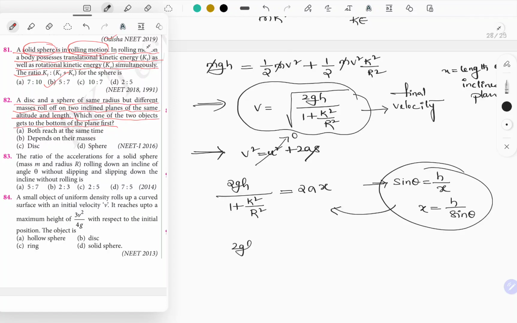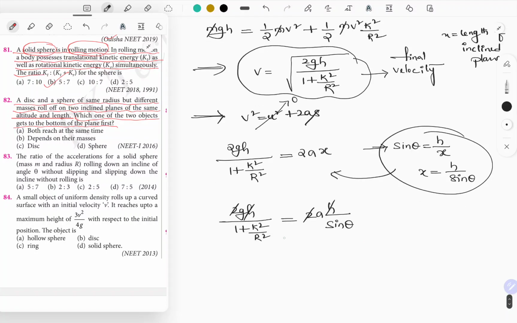So 2gh by 1 plus k square by r square is equal to 2a by sine theta. This 2 will get cancelled, h will get cancelled. Then what about a? A is equal to g sine theta divided by 1 plus k square by r square.